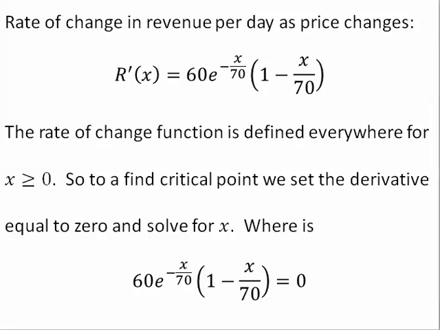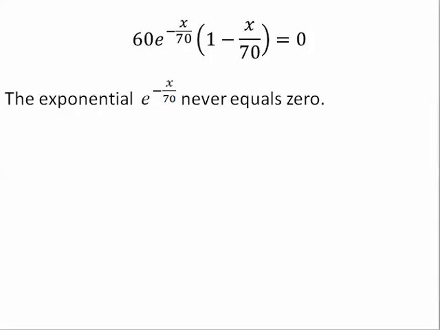So where is this product equal to 0? Well, the exponential never equals 0. e to the negative x over 70, e to any power, is going to be strictly positive, always greater than 0.